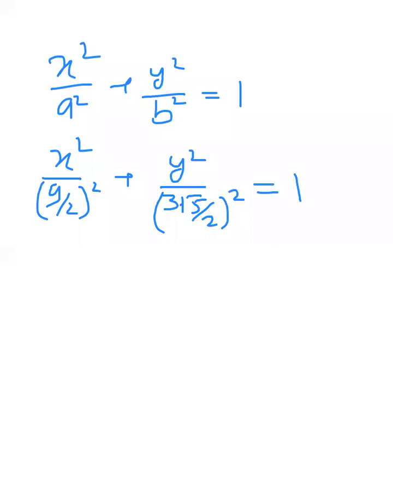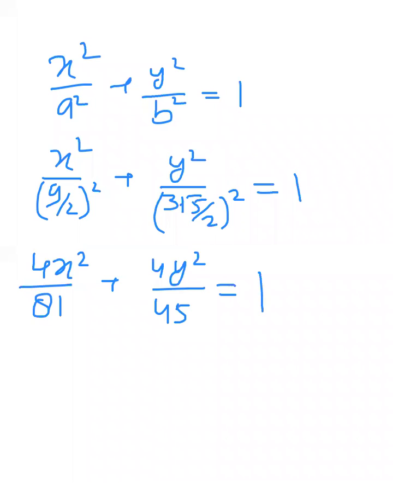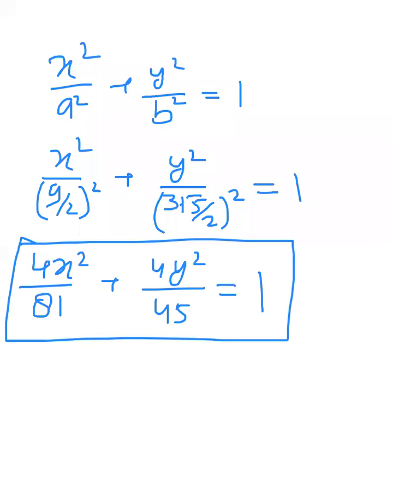So it will be x square, 2 square will be 4, which is going up, upon 9 square is 81, plus 4 y square upon 45 equals 1, is the required equation of ellipse.